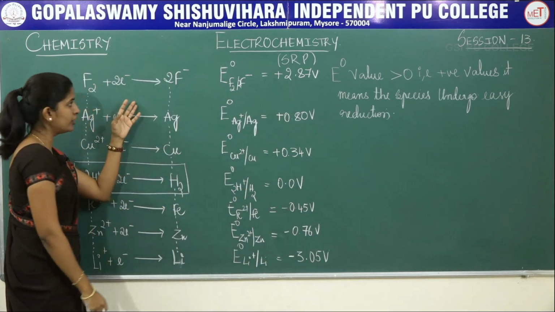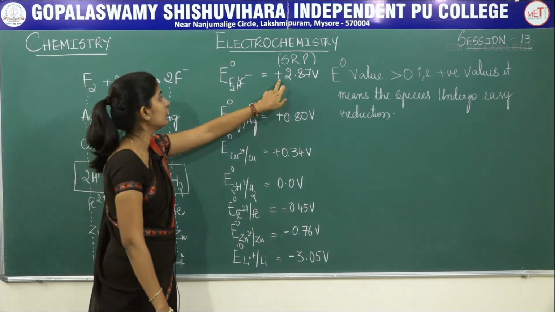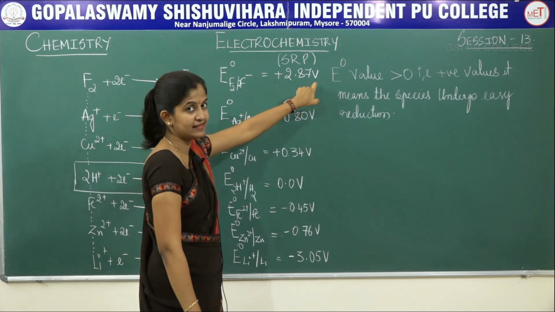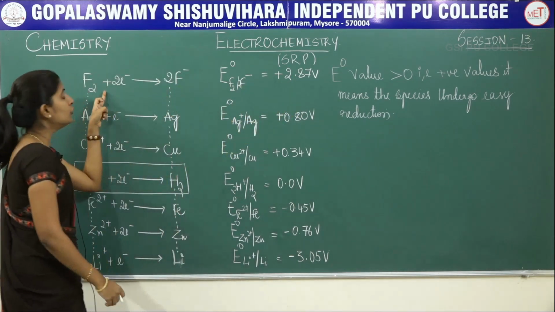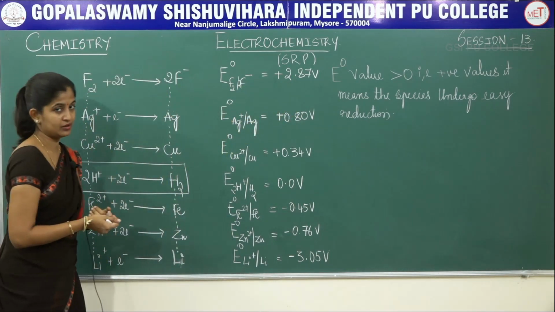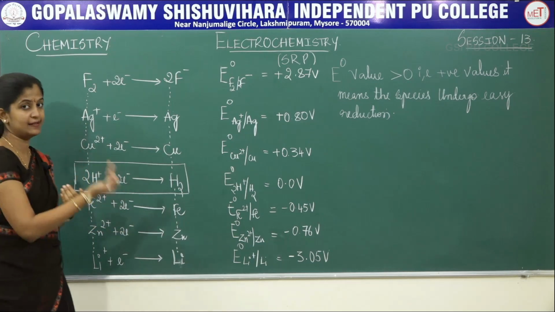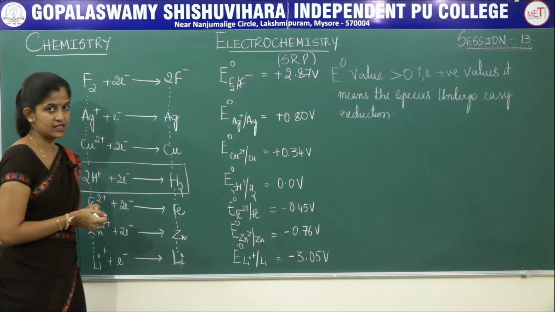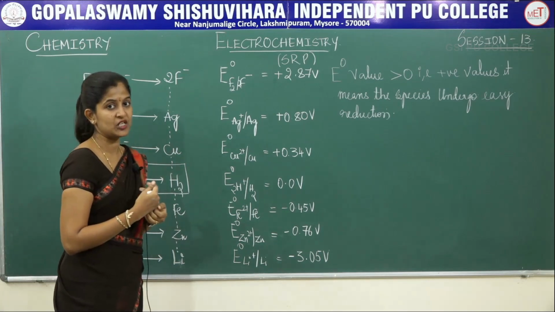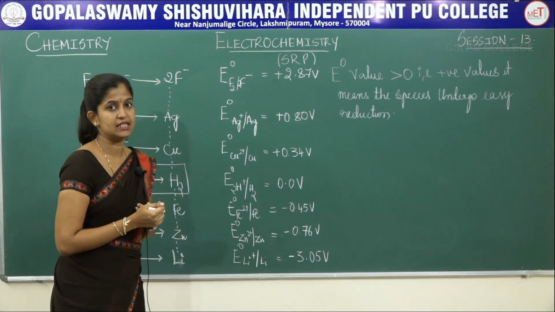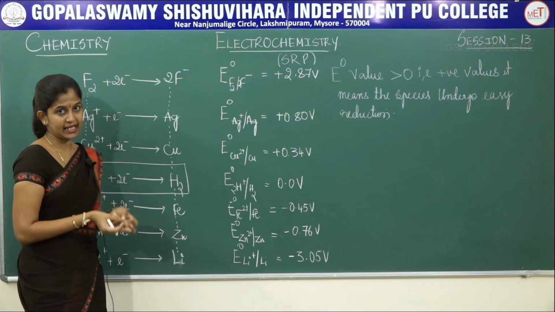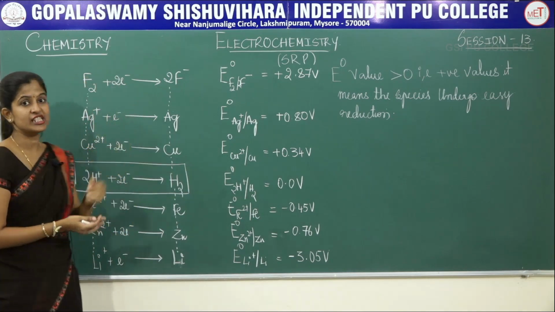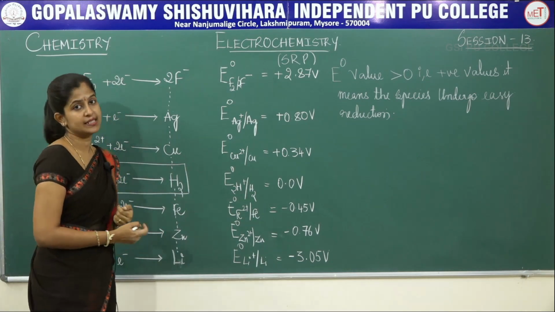For example, fluorine has highest standard reduction potential of plus 2.87 volt, which means that fluorine is ready to undergo reduction. That is, it accepts the electron from other species, itself undergoes reduction. What do you call such species, which grabs the electron from other species and itself undergoes reduction? It is nothing but your oxidizing agent. So itself undergoes easy reduction means it is an oxidizing agent.